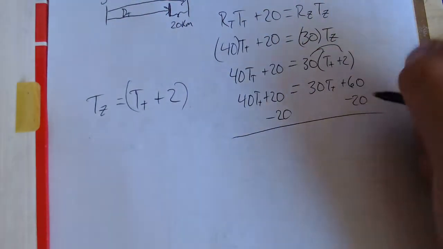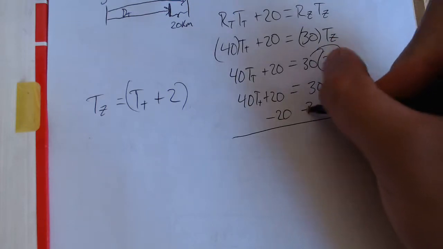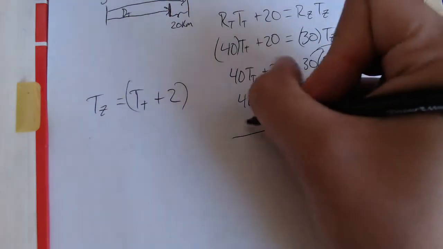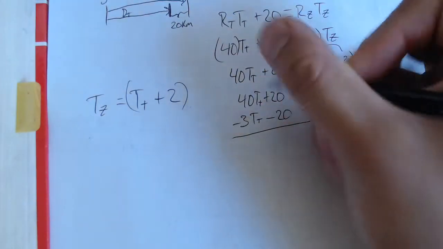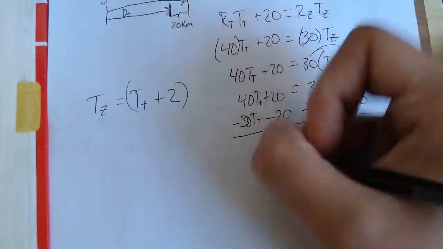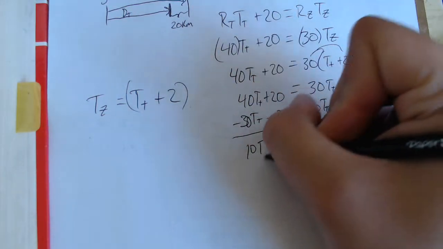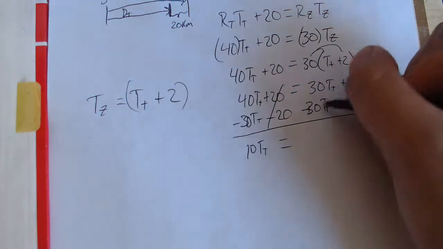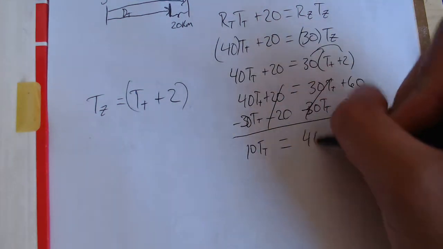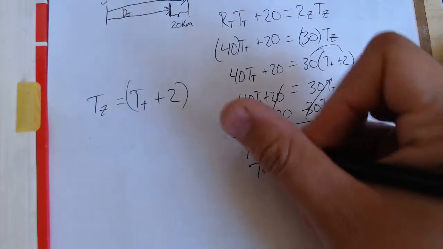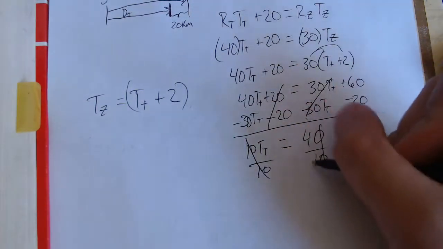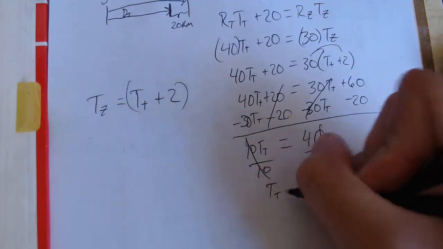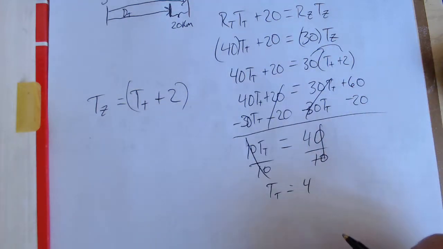Subtract 20 from each side. Subtract 30 time of t from each side. And what we get is 10 time of t equals 40. Simply divide by 10, and we get time of t equals 4.